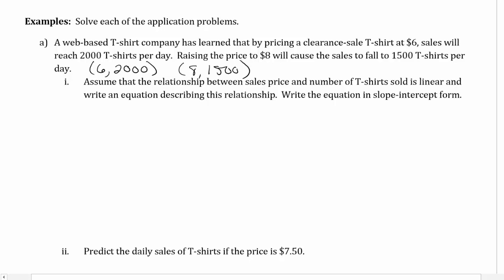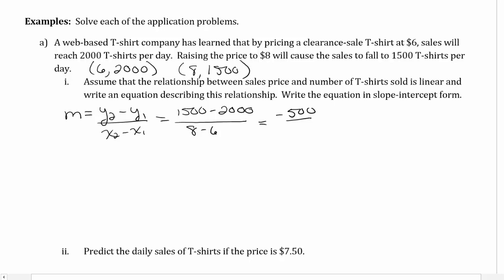So now that we have the 2 points, we can find the slope. That's y2 minus y1 over x2 minus x1. So that would be 1,500 minus 2,000 over 8 minus 6. So negative 500 over 2, which is negative 250, is our slope.